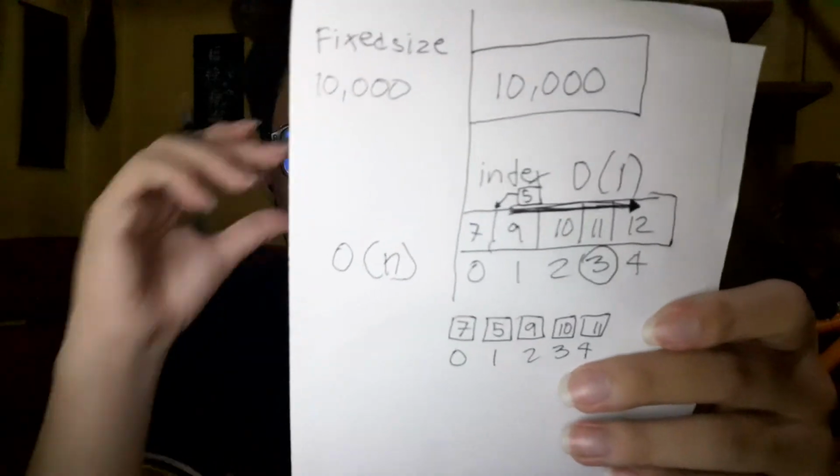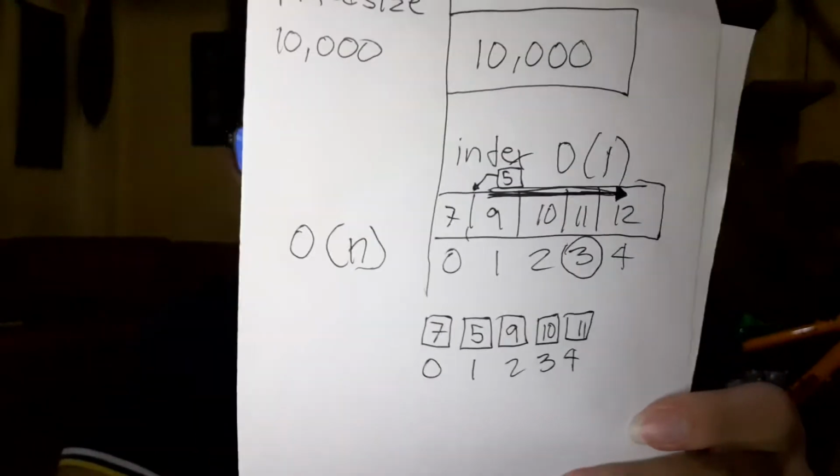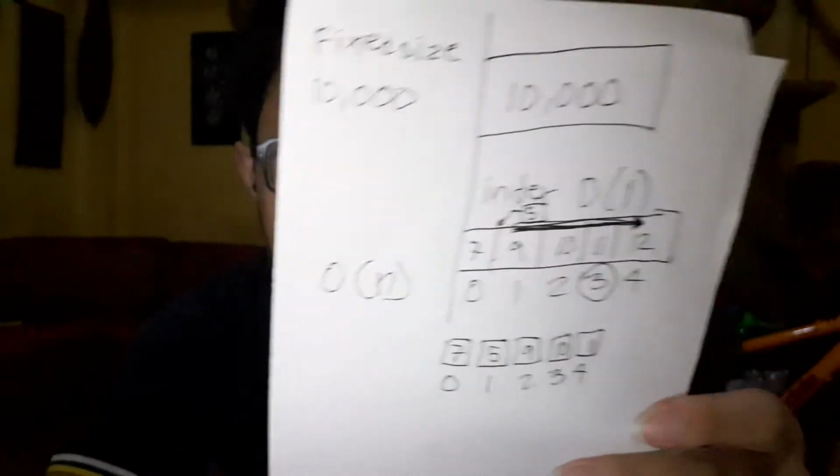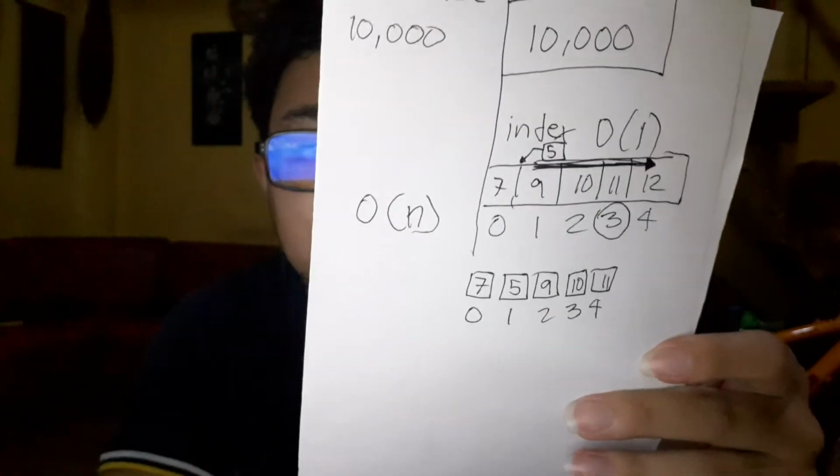So once we insert that item, we have 9, we have 10, and we have 11, and these are moved to new indexes, so 2, 3, 4.